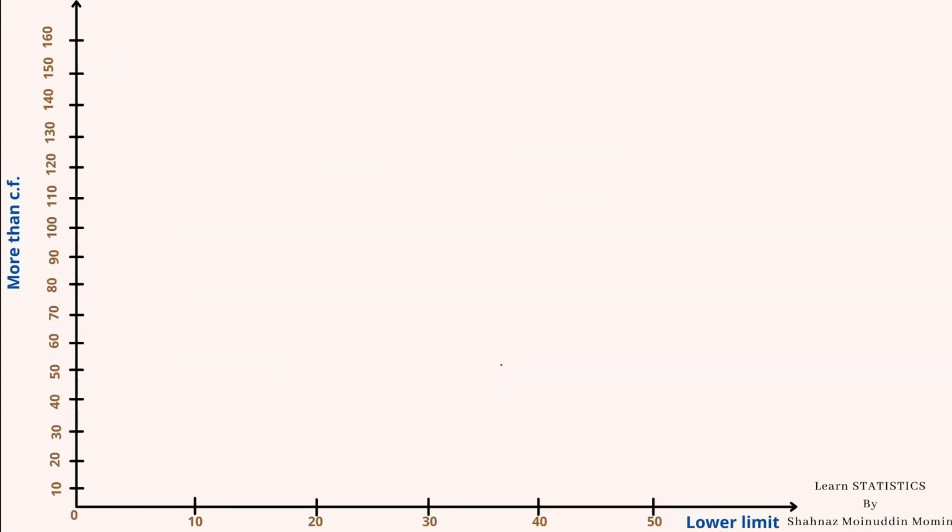To draw the more than ogive curve, take lower limit on the x-axis and more than cumulative frequencies on the y-axis. Then plot the points of lower limit against more than cumulative frequency. So let us start with the first class.